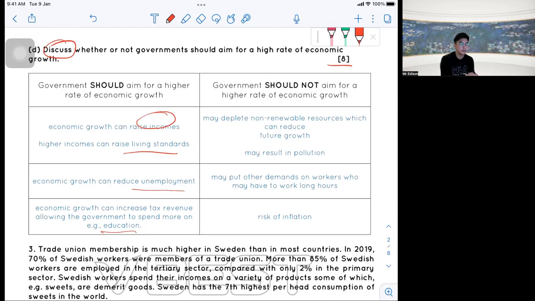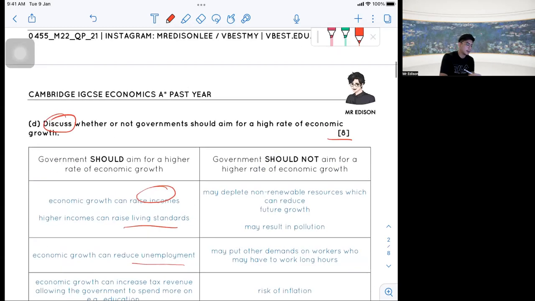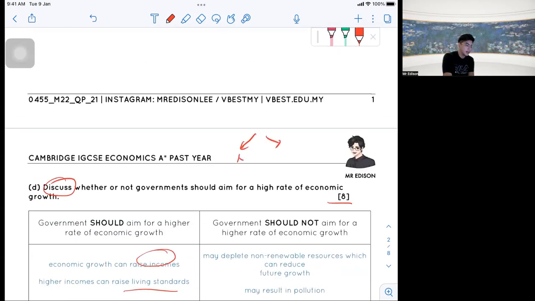Yes, evaluation is very important in A level onwards, but normally when we do IG, use the simplest way to do it. You just need to do should or should not, yes or no, advantage, disadvantage, agree, disagree, benefit, limitation. Okay, just do a box like this, or in the exam you just write, oh yes, should, yes and no.